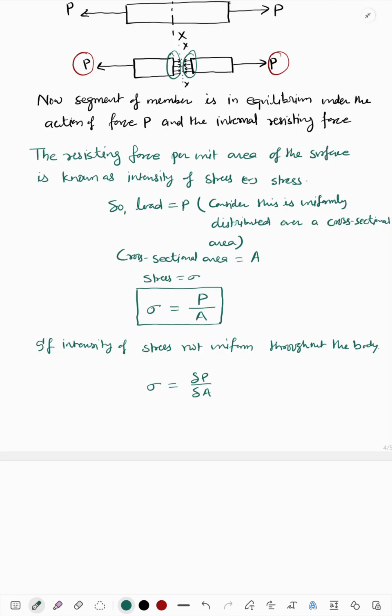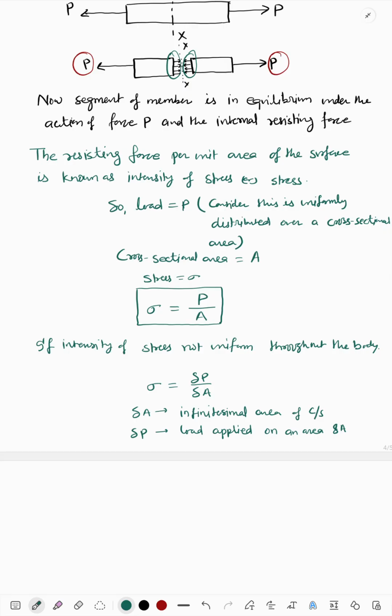Here delta A is called the infinitesimal area of cross section, and delta P is the load applied on the area delta A.